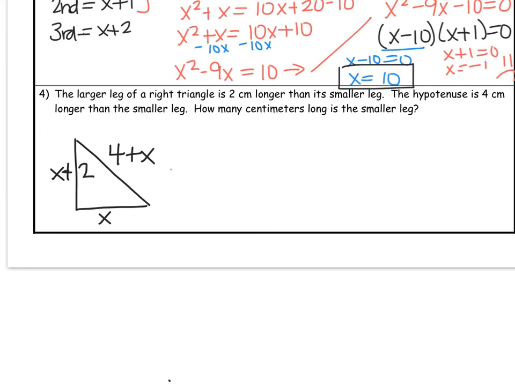The Pythagorean theorem says that a squared plus b squared equals c squared.